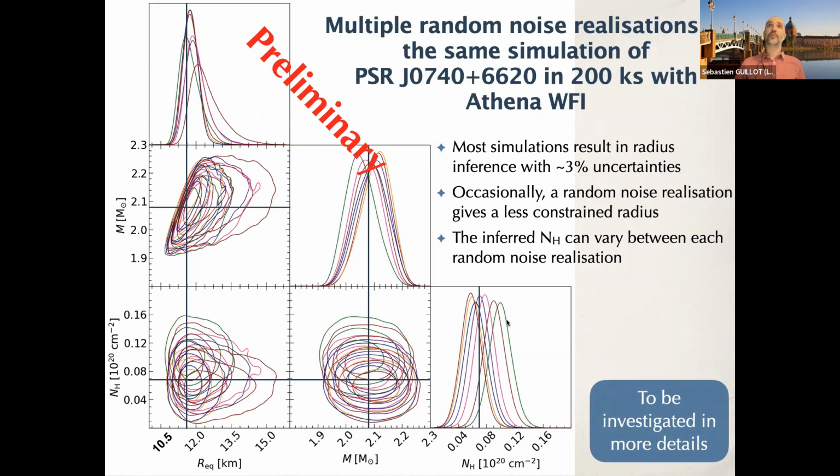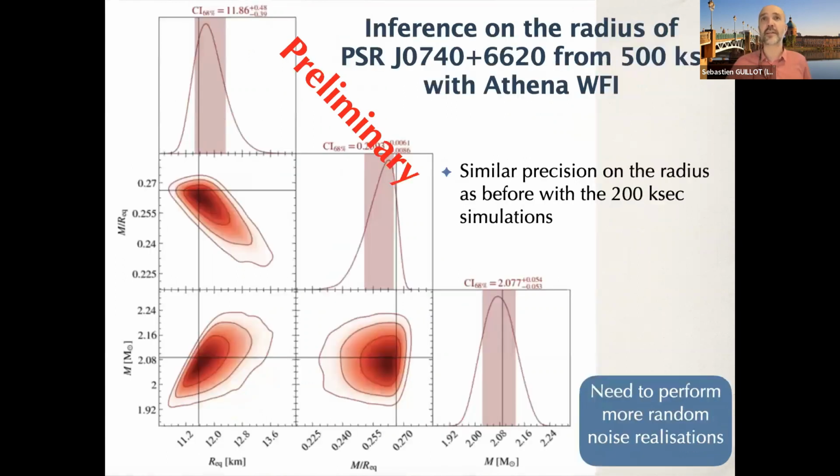So this was for 200 kiloseconds, 3% uncertainty, and we also did it for 500 kiloseconds. And basically, we find similar precision, about 3% uncertainty as well, with 500 kiloseconds. Here we could only do one random noise realization because all of this is quite expensive in terms of supercomputing time.